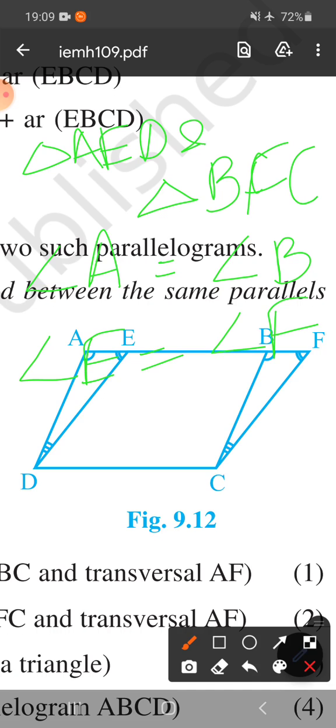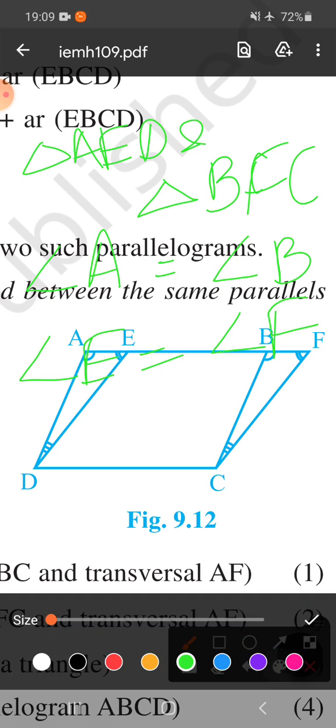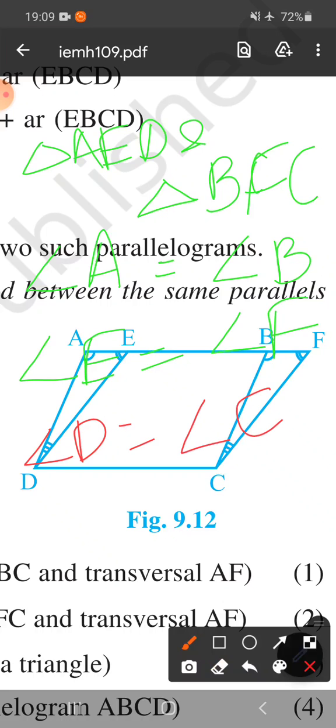So automatically, if these two angles of triangle AED are equal to angles B and F of triangle BFC, then angle D will be equal to angle C. How? You add angle A and angle E and subtract their sum from 180, you will get angle D, which is the same as the difference between 180 and the sum of B and F. So angle D and angle C will be equal.